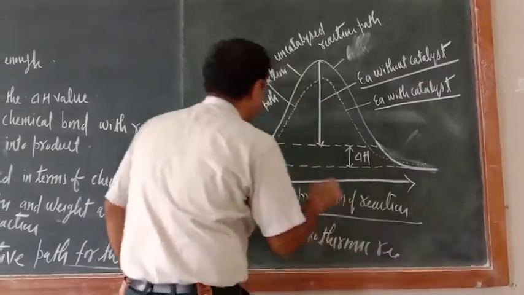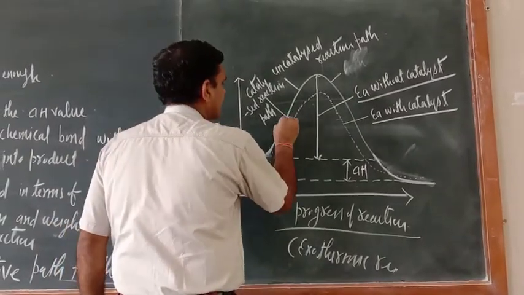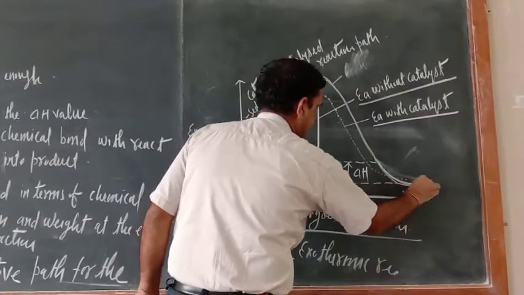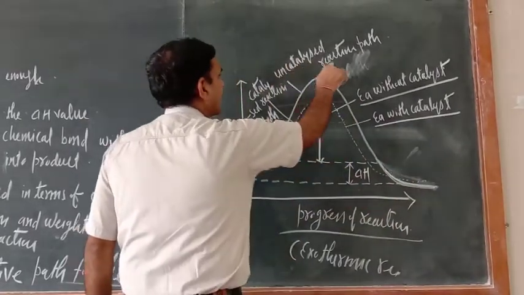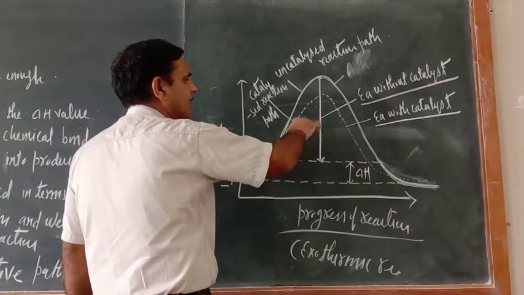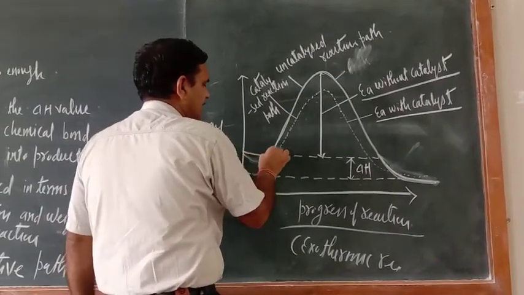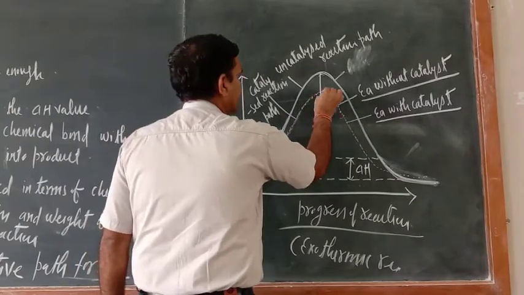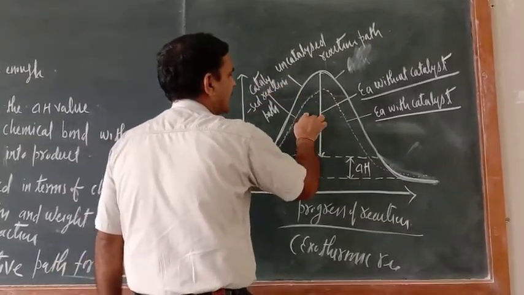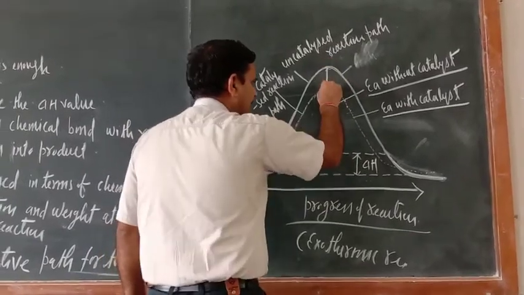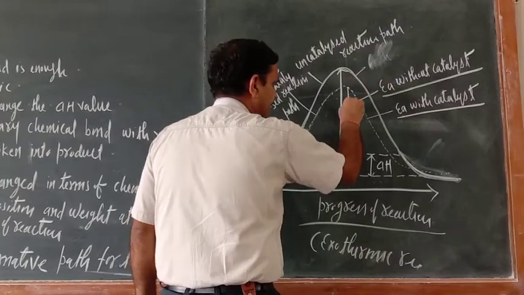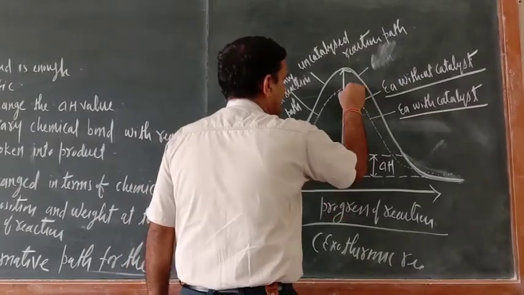Just see here, this is the path without catalyst, the uncatalyzed reaction path. But when you add the catalyst, what is happening? Now this is the catalyzed reaction path, the dotted line. Earlier that much activation energy was required. Now how much activation energy is required? Only that much.